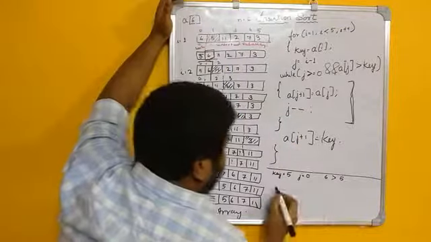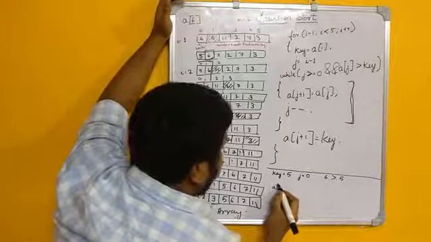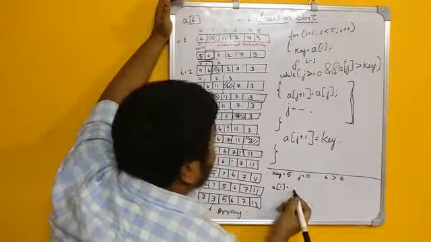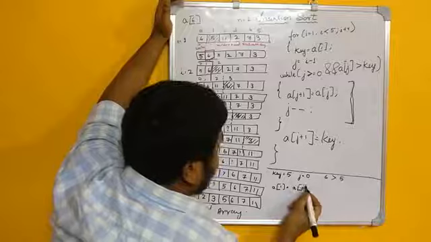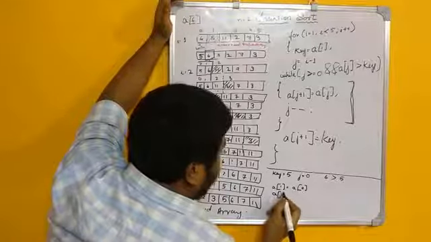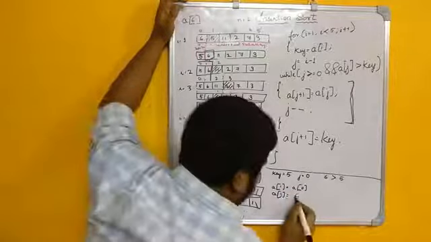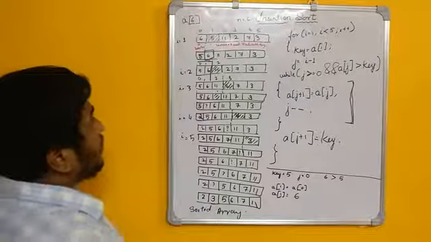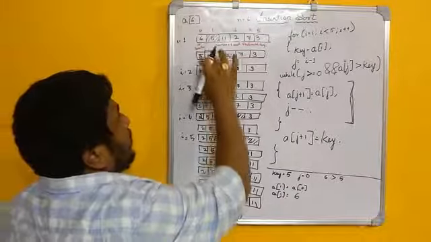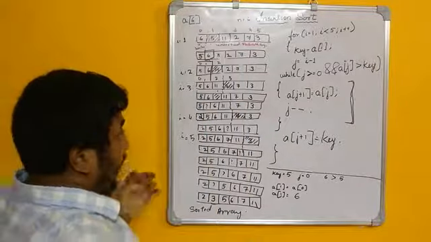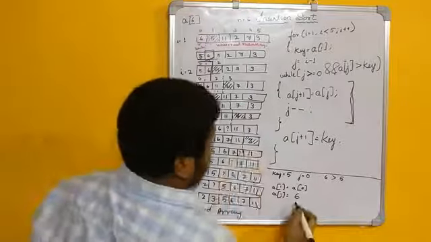So we insert A of 1 is equal to A of 0, whose value is 6. So 6 is inserted here, and j is decremented.